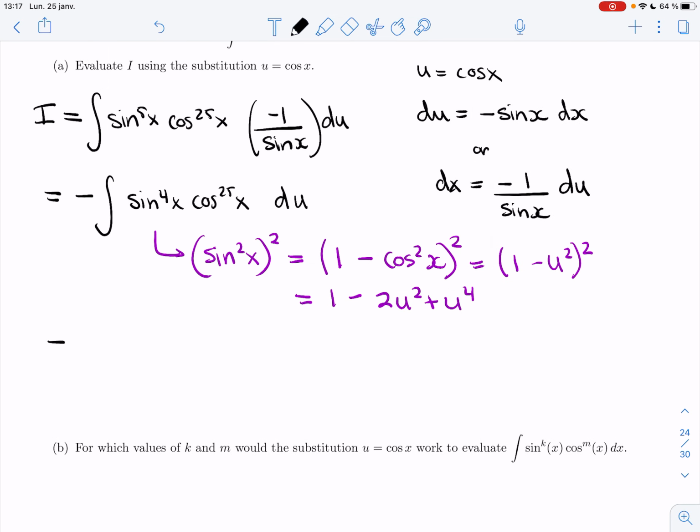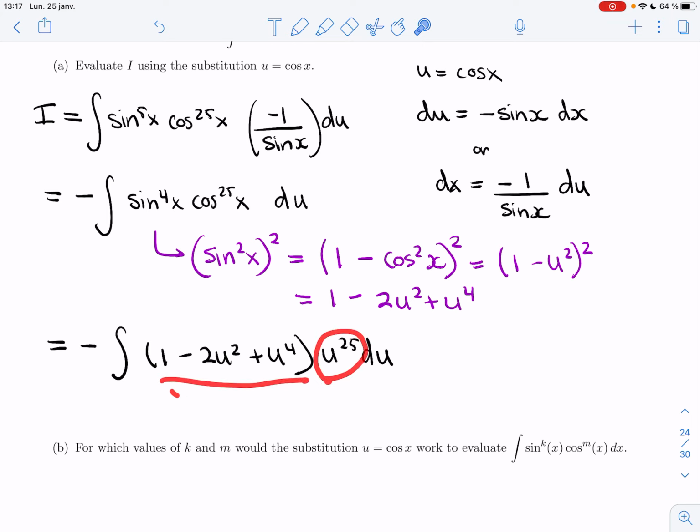All right, so I'm getting minus the integral of 1 minus 2u squared plus u to the 4, times u to the 25, du. I have a product of polynomials. The easiest way of integrating this, do you remember? Yep, you distribute, you get one big polynomial, and then you could use a bunch of power rules.